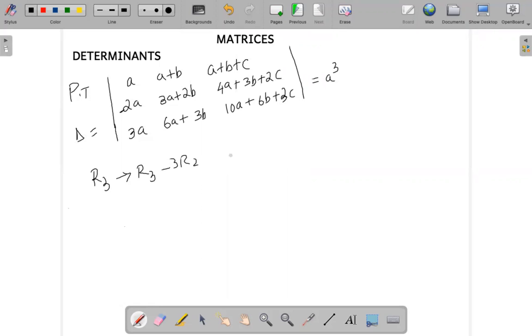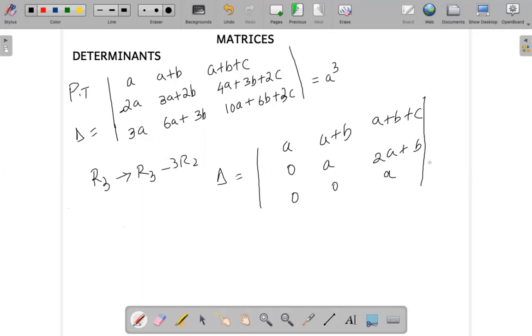So we get that as delta, which is a 0 0, a plus b, and this is a 0, and a plus b plus c, 2a plus b, and this will be a. So we get this.